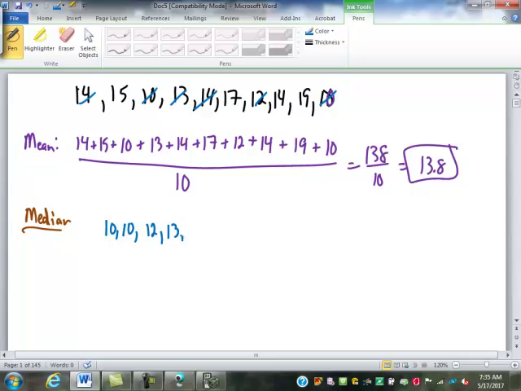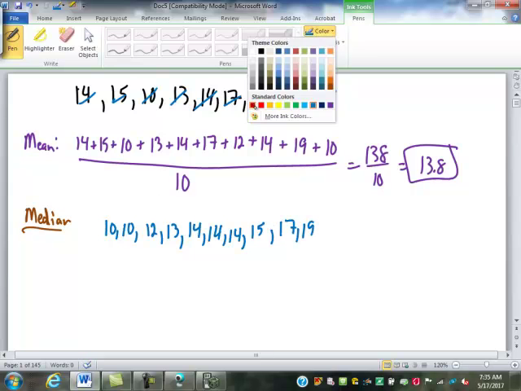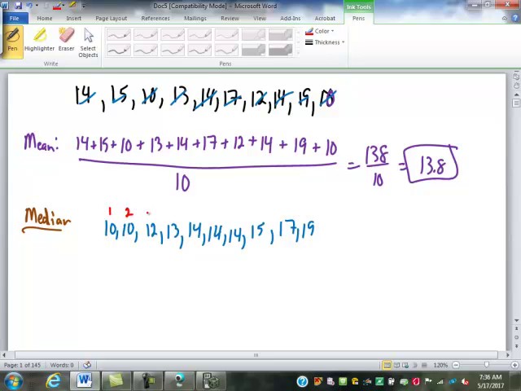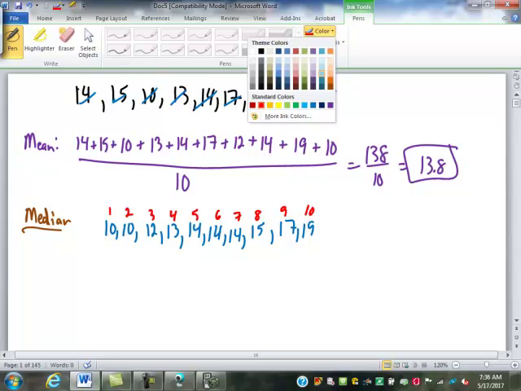Then 14, 3 14s. 15 and 17, 19. That's right. And I do have 10 of them, so we're good to go.